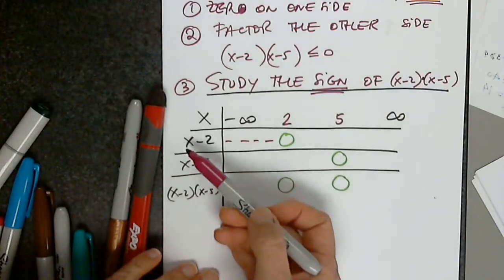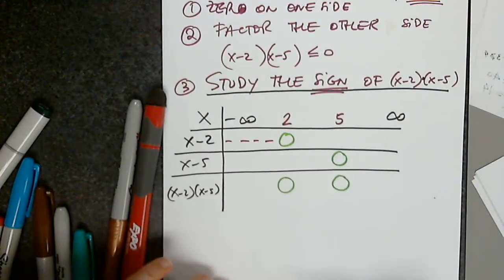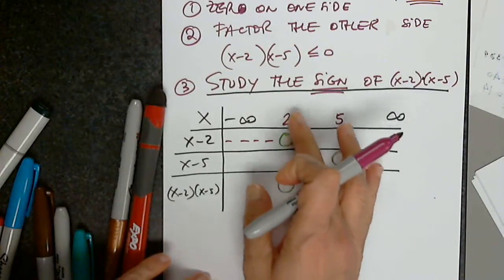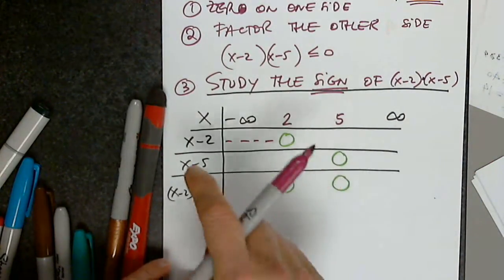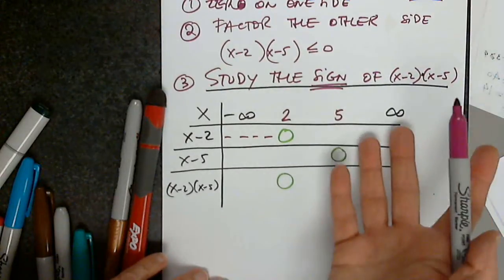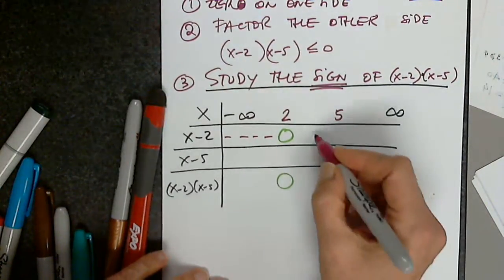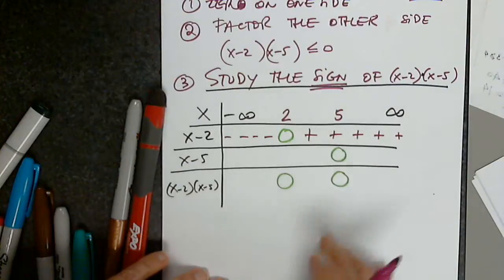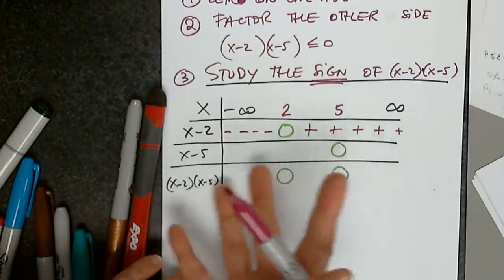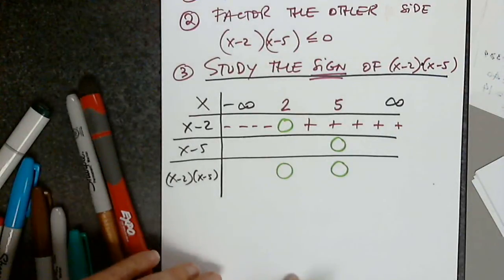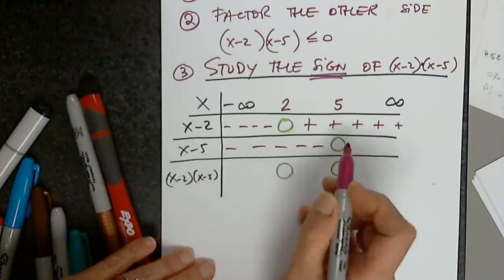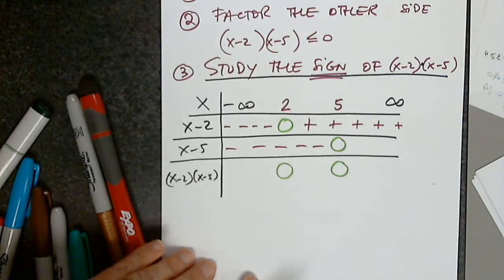If you plug in negative 10, minus 2 is negative 12. Now please plug in a number on the other side of the 0 and tell me the sign of x minus 2. Plug in 10. Repeat the same process for x minus 5. What do we get before it's 0? Yes. What do we get after it's 0?